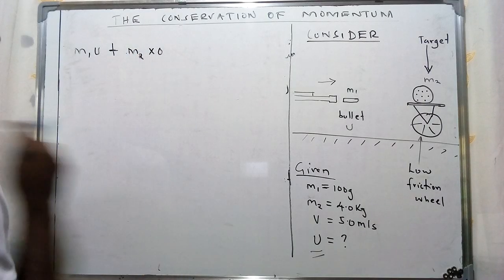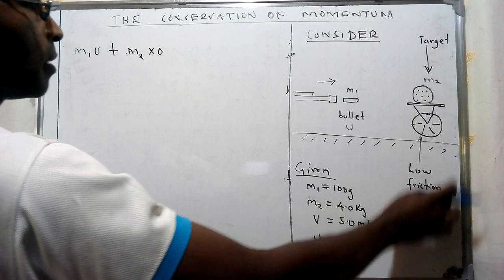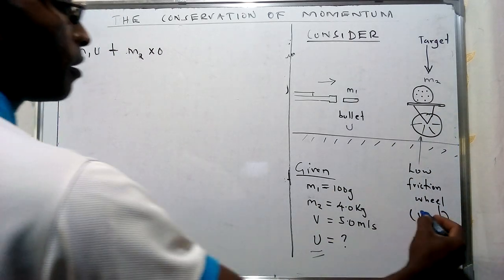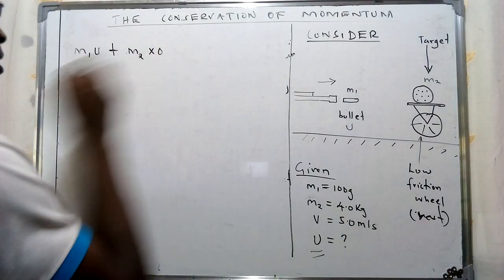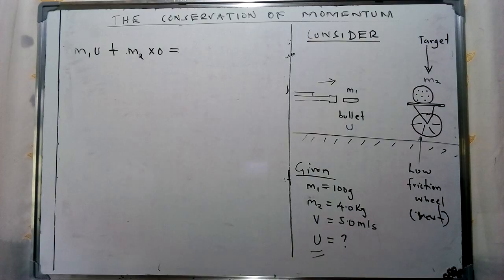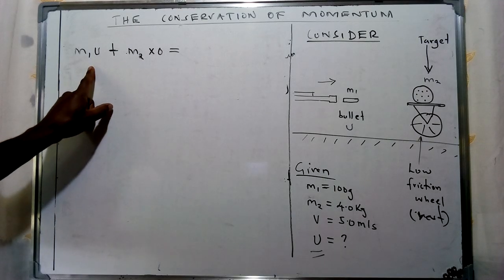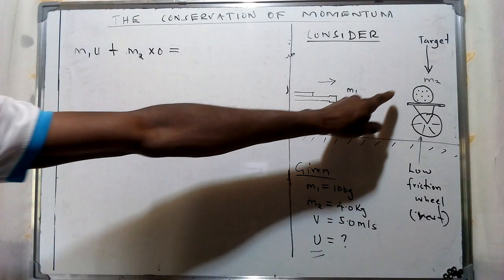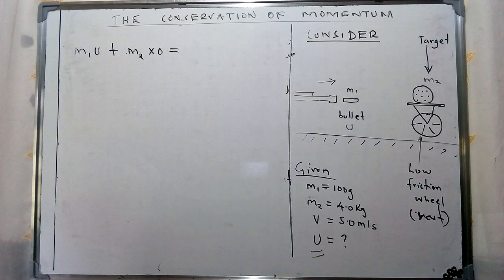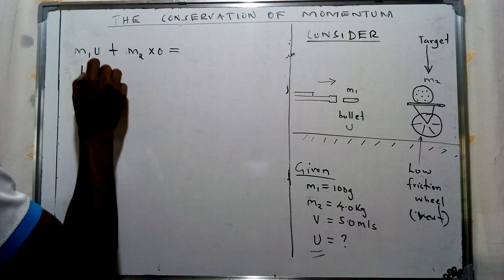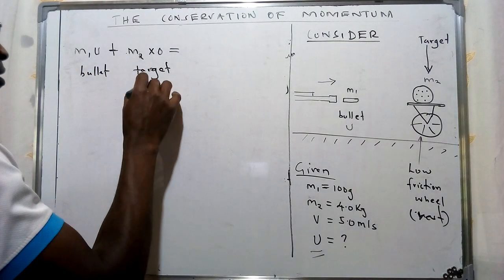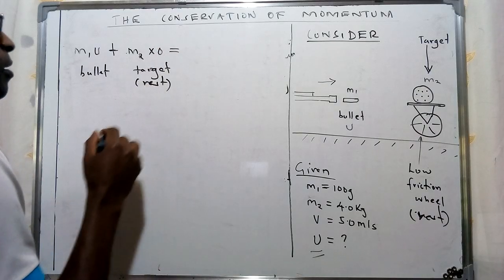But remember, in this case, the target is at rest, therefore its velocity is 0. This forms the momentum of the bullet and the momentum of the target: this is our bullet, and this is our target, with the condition that it is at rest, and therefore the velocity is 0.